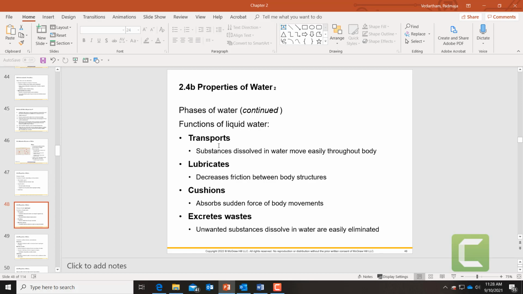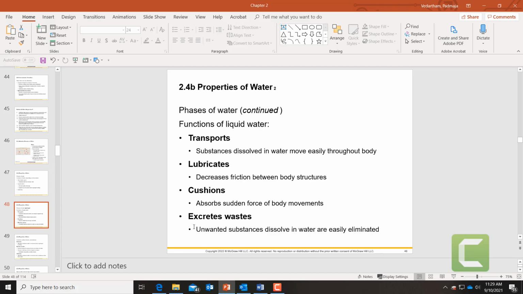We saw the serous membrane, how the parietal and the visceral membranes have a film of water in between, and that helps lubricate. It also cushions. For example, at every joint you have a bursa or tendon sheath, or the joints are filled with lubricating liquid, which is mainly water.